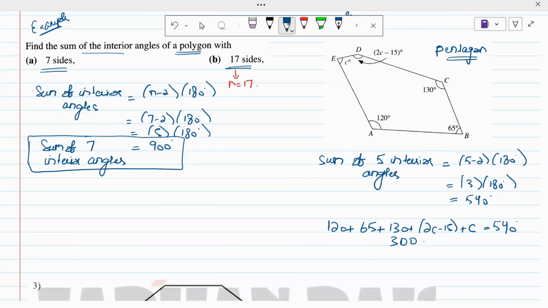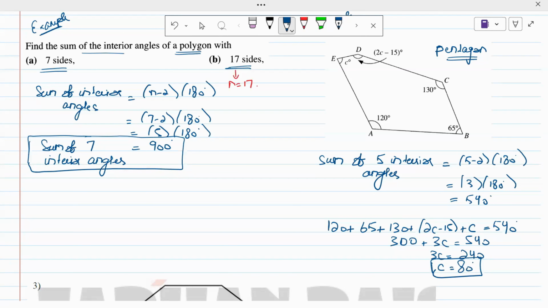So 300 plus 2C plus C, that's 3C, is equal to 540. Finally, 3C is equal to 540 minus 300, that's 240. And C is equal to 240 divided by 3, that's 80 degrees. So we got C as 80.